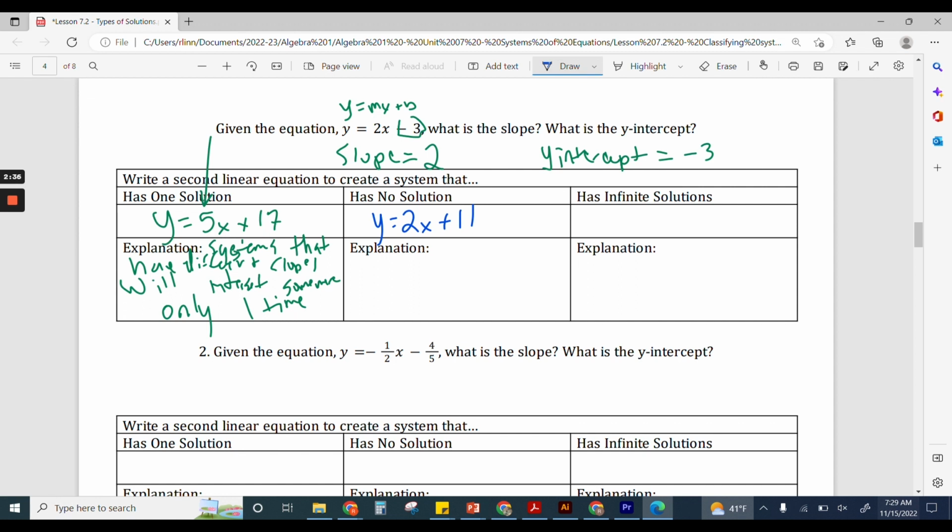There, now we're done. So my explanation is, this is a parallel line, which will never intersect the first line and is not coincident.